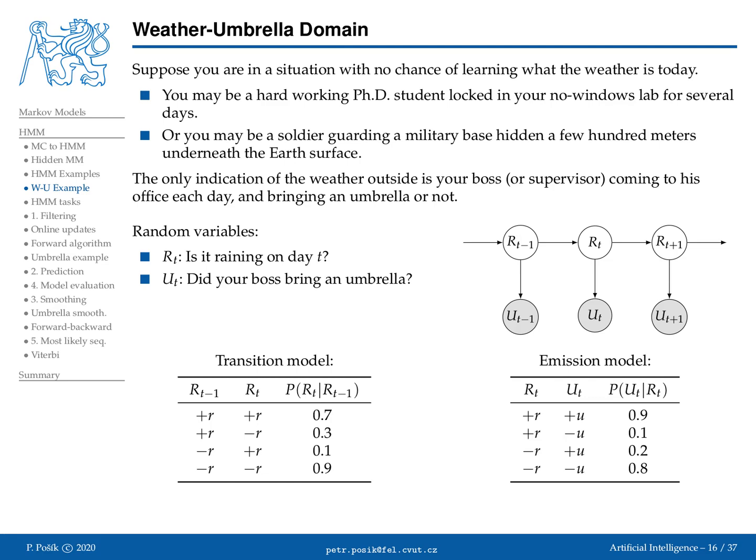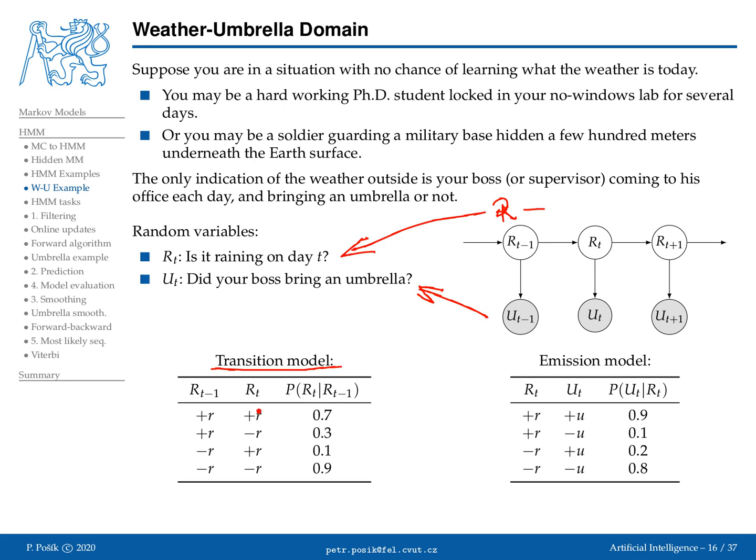So this domain has this kind of structure. The hidden state is the random variable R, which means whether it is raining or not. And the observations are the random variables U, which means whether the boss brought his or her umbrella or not. The whole domain is described by this transition model here.